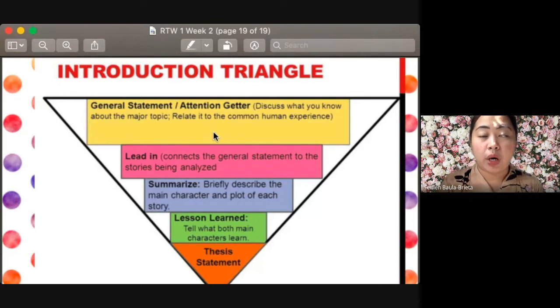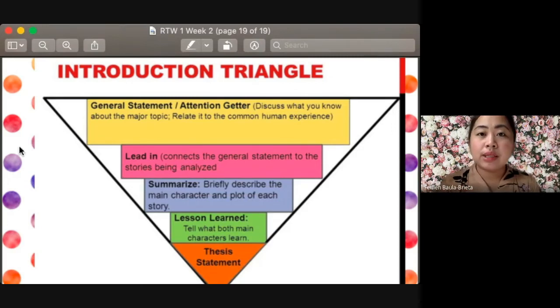From that point, you can now do your introduction, following this introduction triangle, where in the first general statement you are going to have a discussion about the major topic and the issues, and you will connect the general statement to the things that you have gathered, to the research gap.